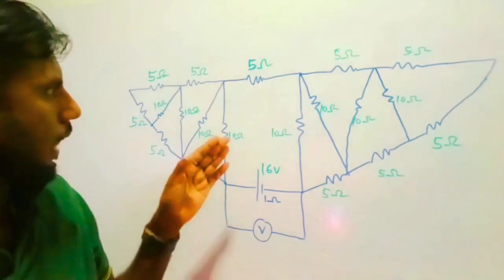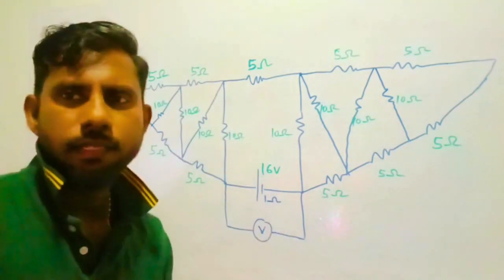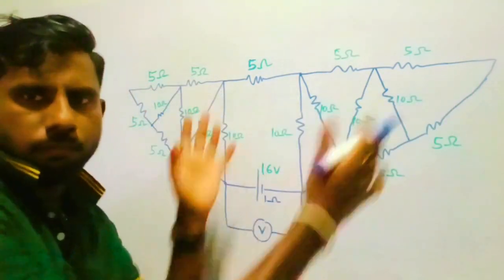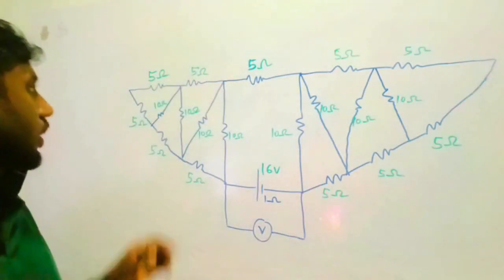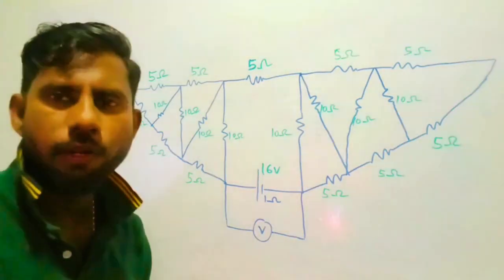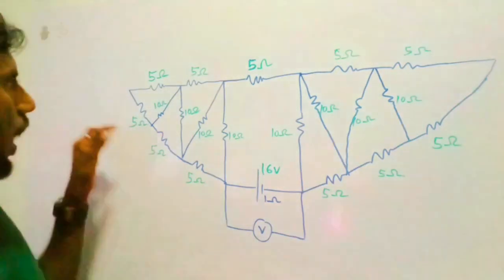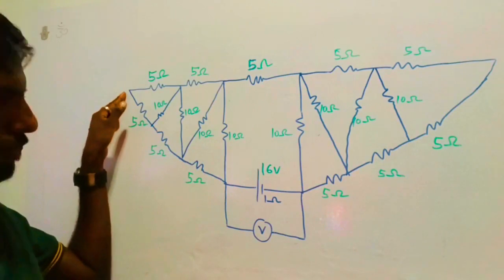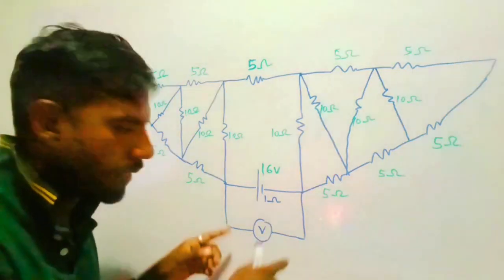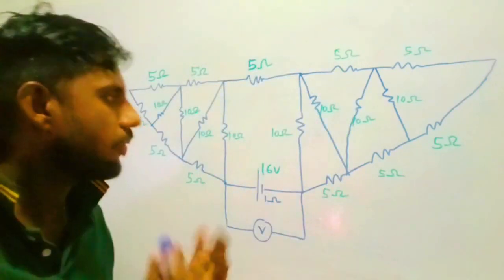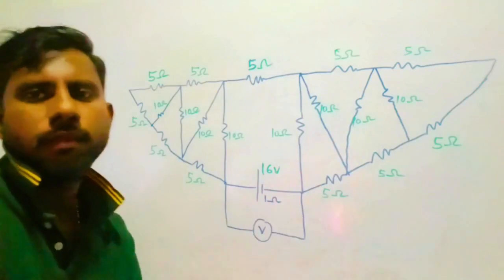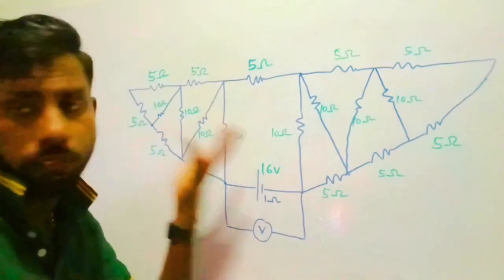Right. So what I can see here is that it is symmetric towards both sides. So let's try to simplify this side. I can start from this end. They're asking us to find the potential difference across this, so whatever plan we follow, we need to find the equivalent resistance first.